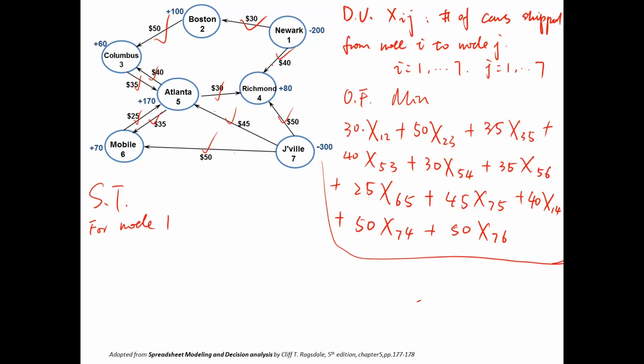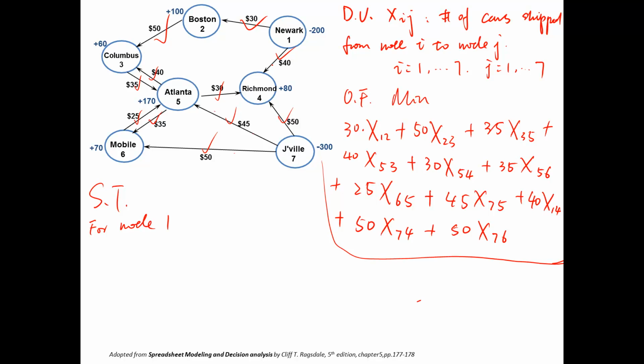Or do you remember what happened in chapter 3 in that transportation problem? Before we start to set the constraints, we check the relationship between the total supply and the total demand to see if we are able to meet all the demands.